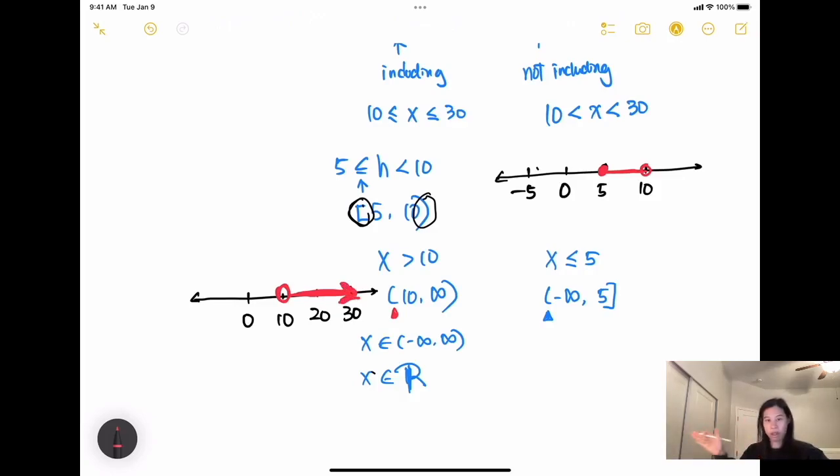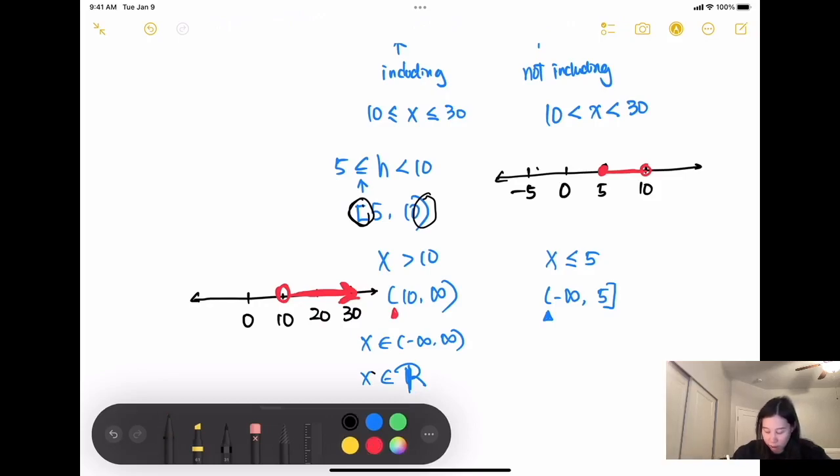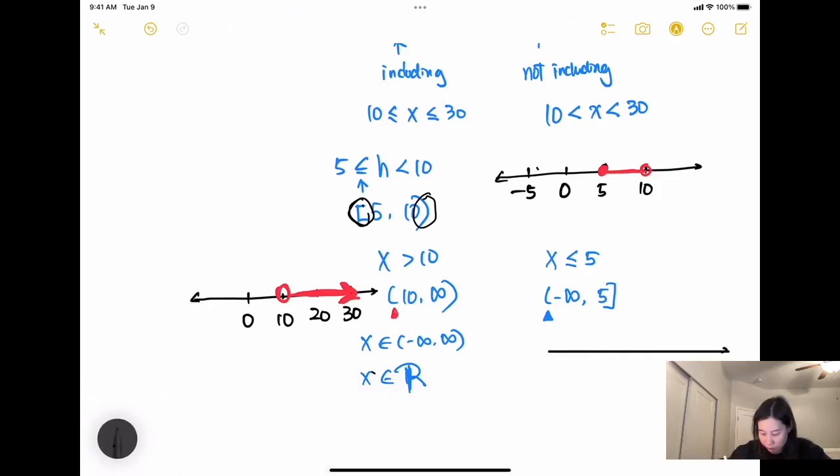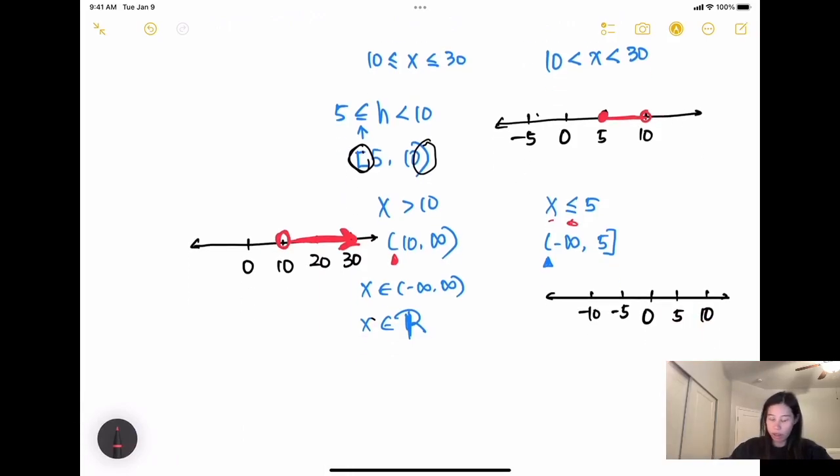That means everything greater than 10. Similarly, for x less than or equal to 5, since it's including 5, you need to have a solid dot on 5, and everything goes to the left, because the left is negative infinity, and then we put an arrow.